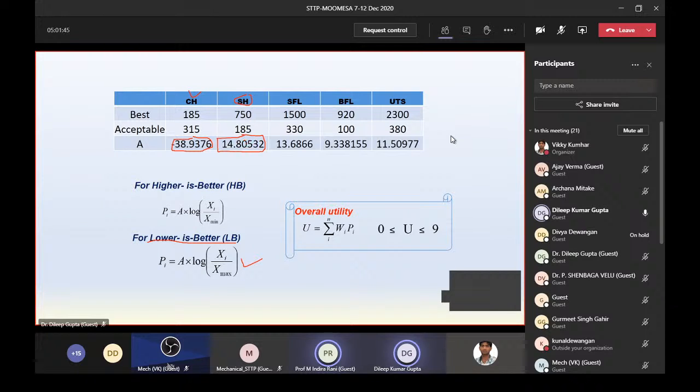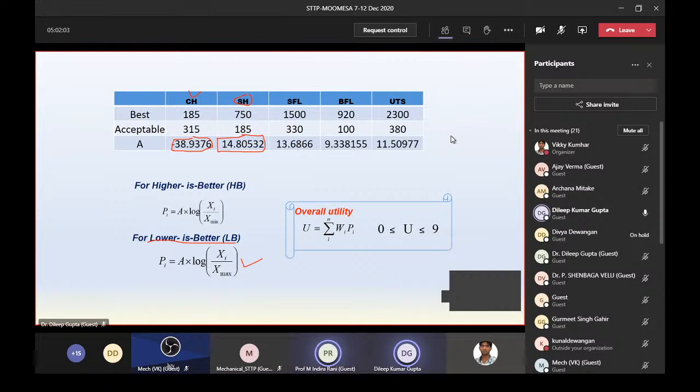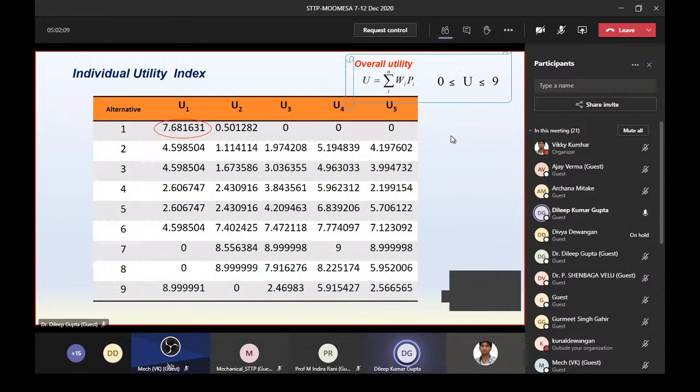Then xi for this particular case is 200, and the value of x minimum is this. We use x minimum in the case of higher is better. Is that clear? So using these you will get another value, 0.501282.